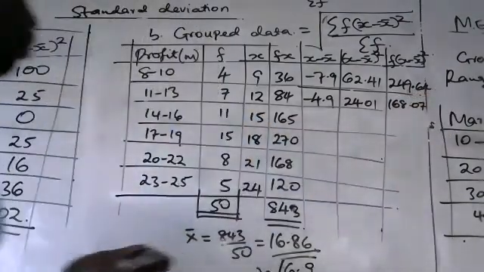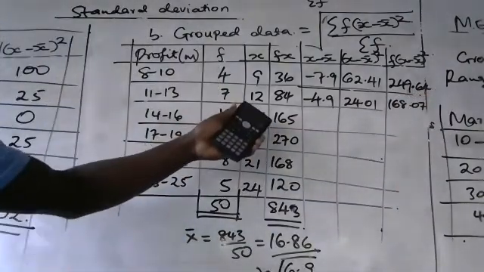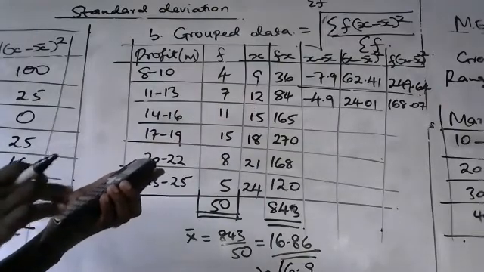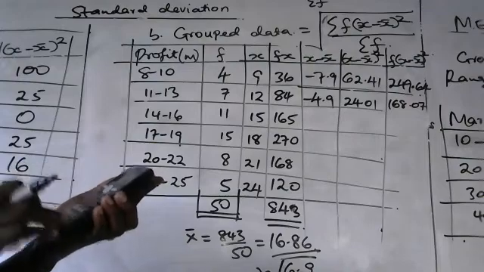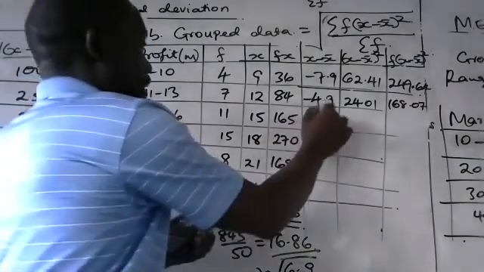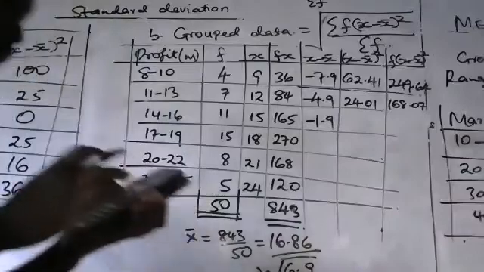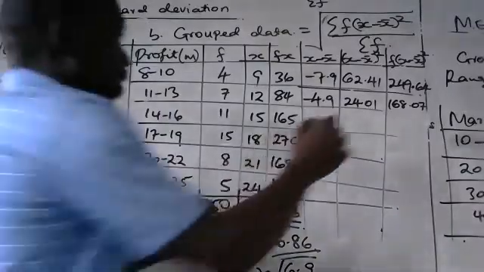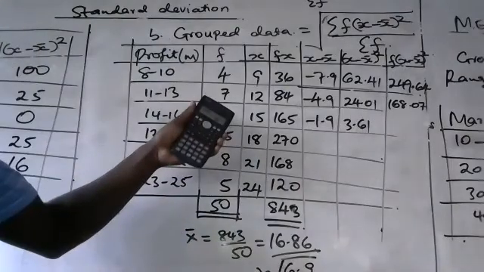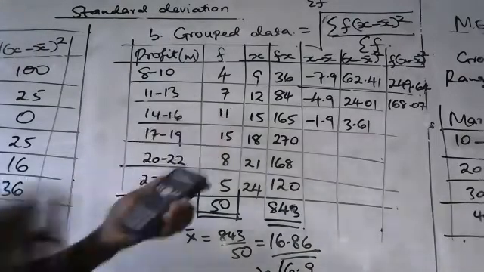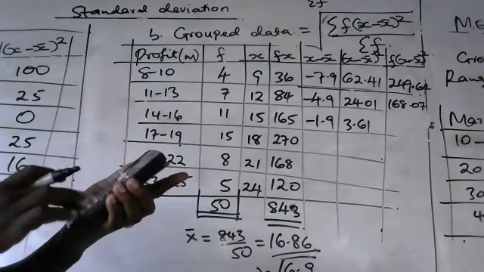You get 168.07. You come to this case where x is 15, and you do 15 minus x bar, which is 16.9. You get negative 1.9. That value, square it, you get 3.61. 3.61 is our x minus x bar squared, multiplied by f, which is 11.